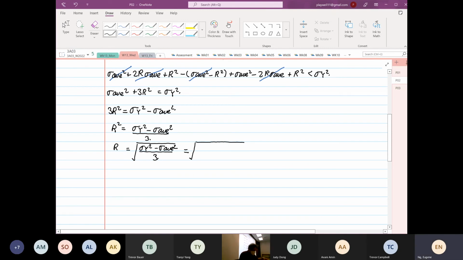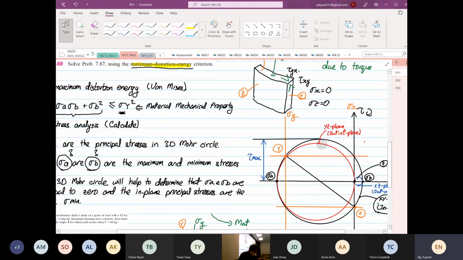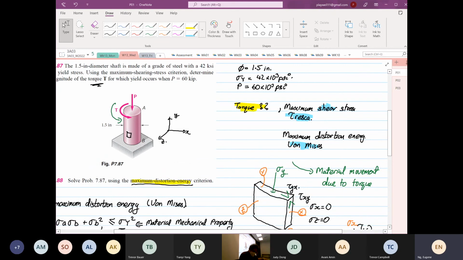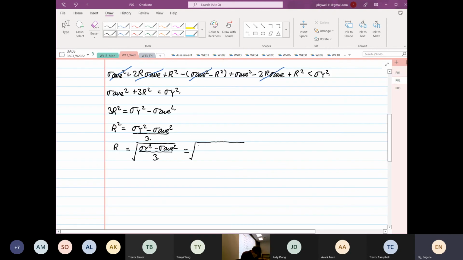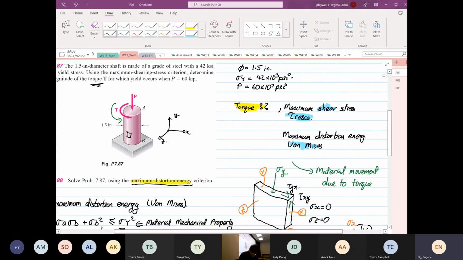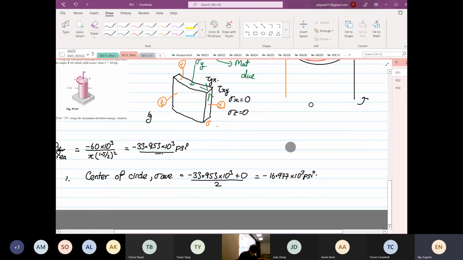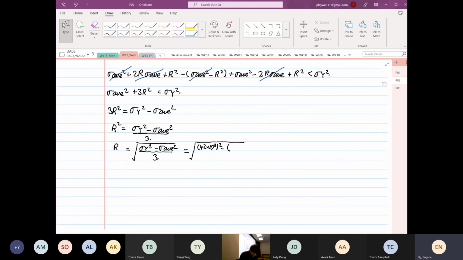We are aware that the yield is equal to 42 times 10 to the power 3 squared minus the stress average, which we have found earlier, which is equal to 16.977. Then the whole thing divided by 3.